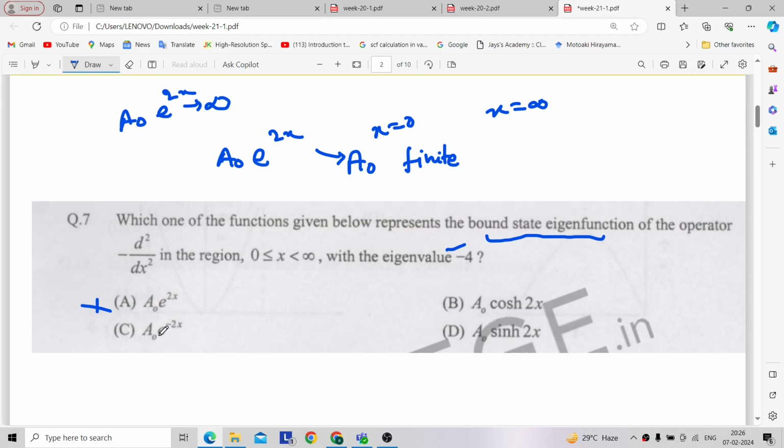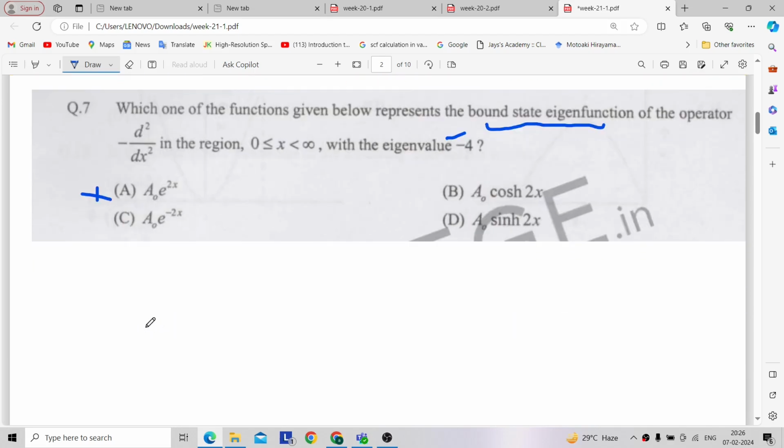Okay, now coming to option C, you can see a0 e to the power minus 2x. As it is given that the range is 0 to infinity, we will not talk about minus infinity, only x equals plus infinity.